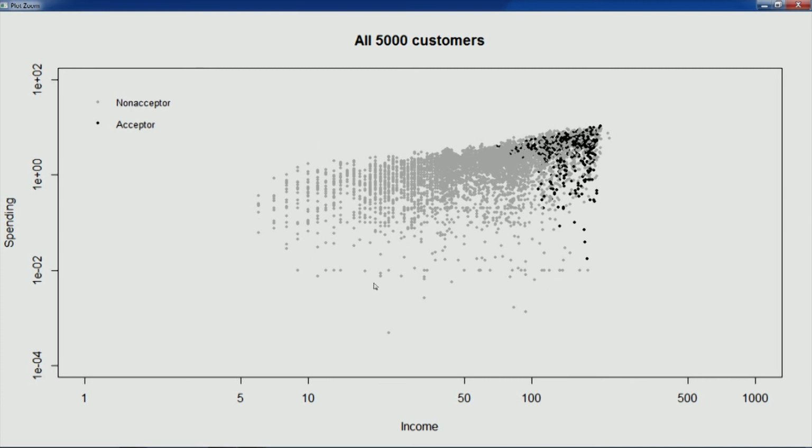So many observations are here, which are going to be easily classified as non-acceptor. So overall performance of the model would be quite good, but if we restrict ourselves to this part, the performance of the model would be tested here, because the class separation is not that clear.